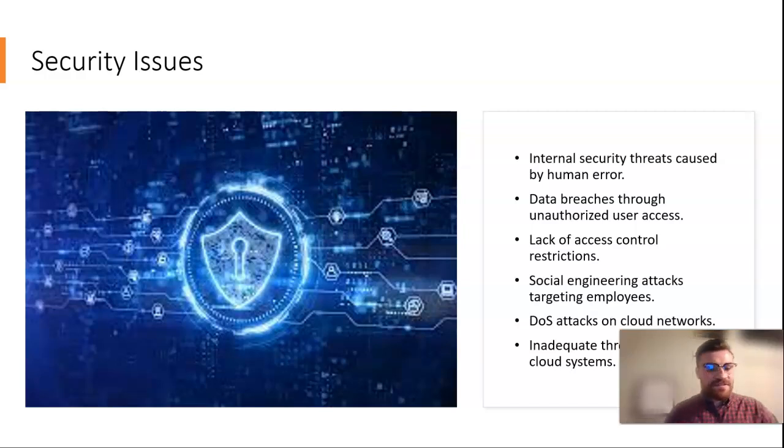The next one is denial of service attacks on cloud networks. Cloud networks are becoming the big thing these days, more and more popular, and a lot of companies are moving toward storing data on cloud networks. With denial of service, hackers overwhelm the system, or take over the system, or get the system to shut down.